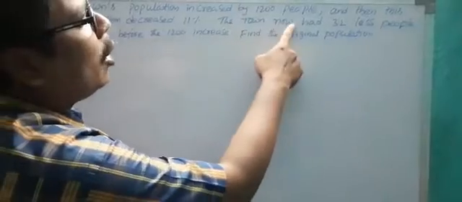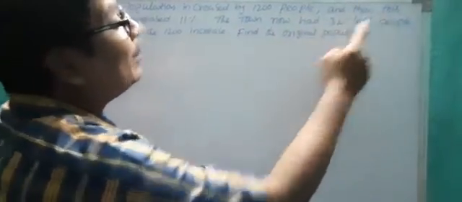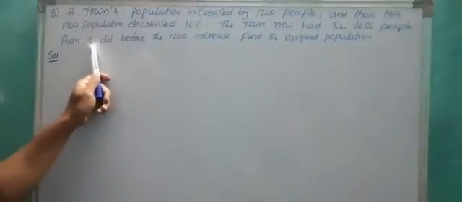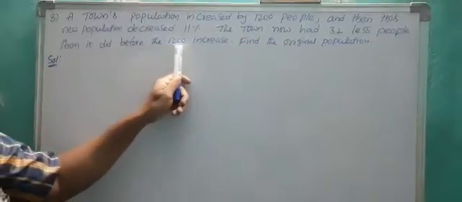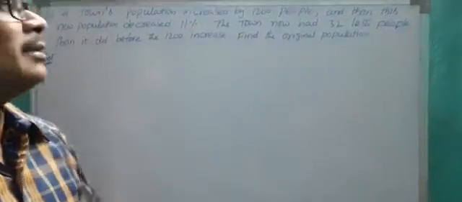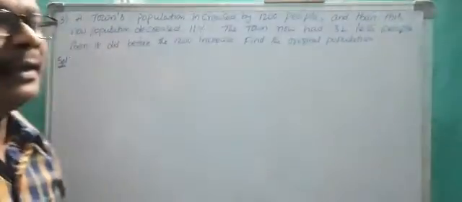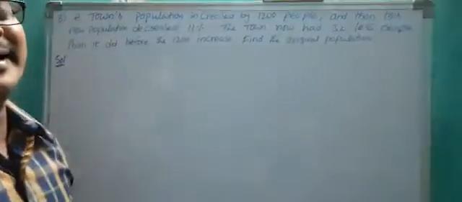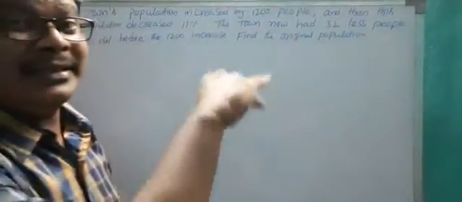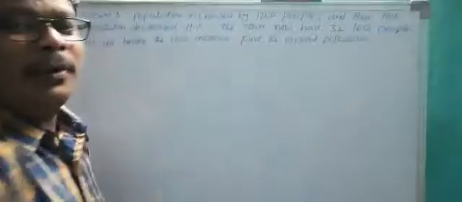The town now had 32 fewer people than it did before the 1200 increase. So after decreasing by 11 percent, the original population is less by 32 people. Okay, so that is the given question.